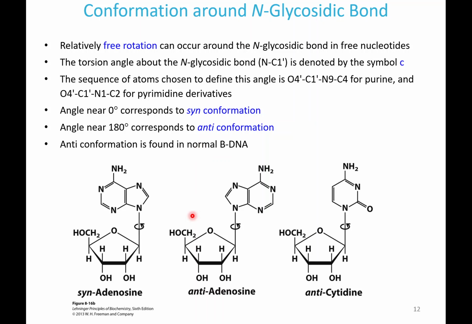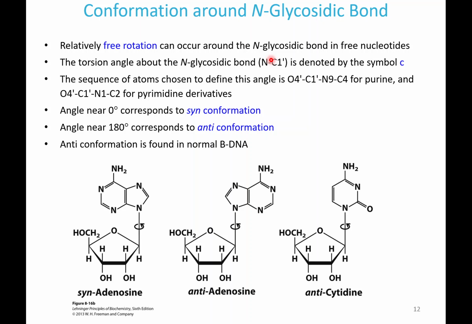Okay, the anti conformation is the opposite. It's where you have this bond and this bond going different directions, so 180 degrees. So this one would be pointing that way, and this one would be pointing this way. In normal DNA, it's the anti conformation that occurs.